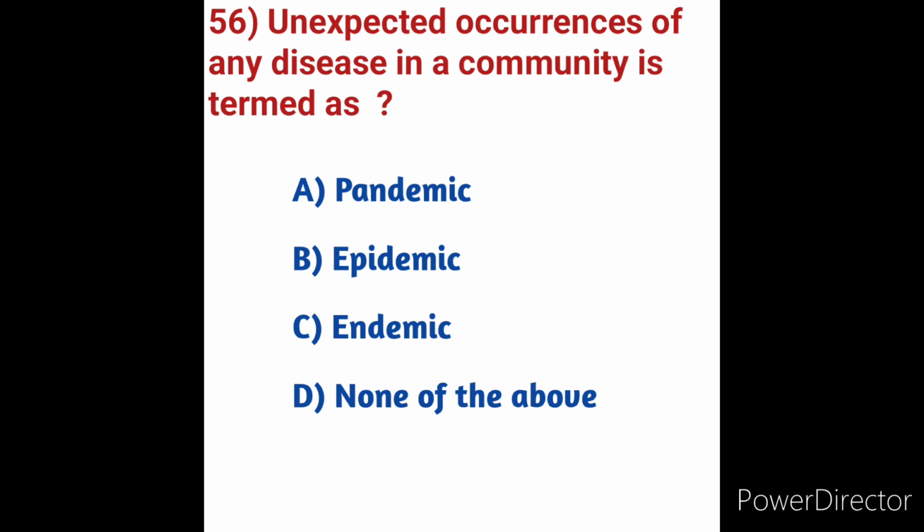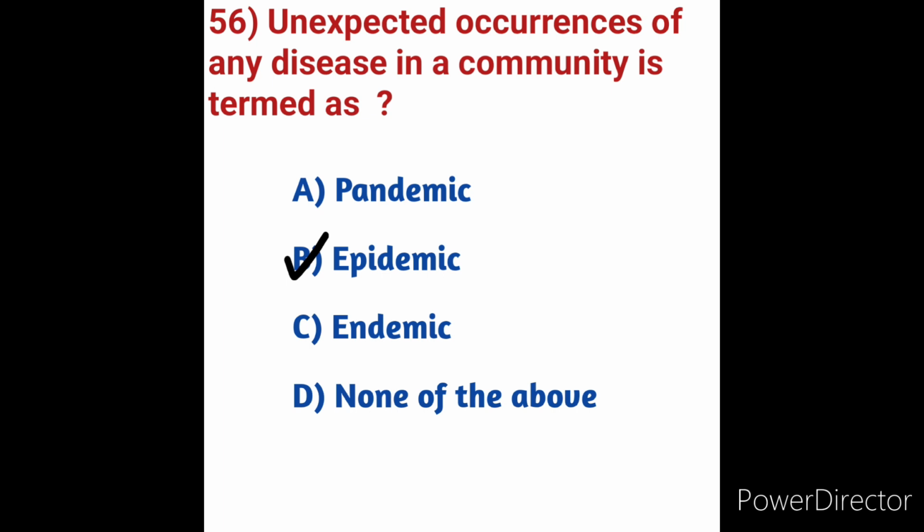What is meant by epidemic? Epidemic means a widespread occurrence of an infectious disease in a community at a particular time, meaning it suddenly occurs. An unexpected occurrence of any disease is termed as epidemic. So here in these options, option B is the correct answer.